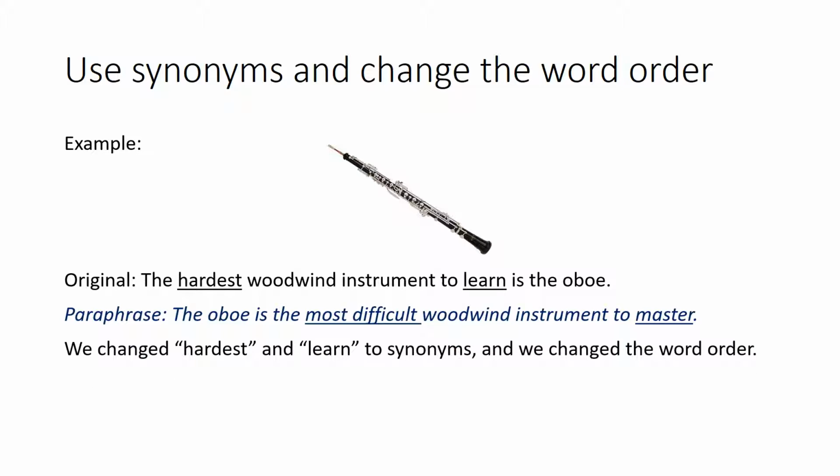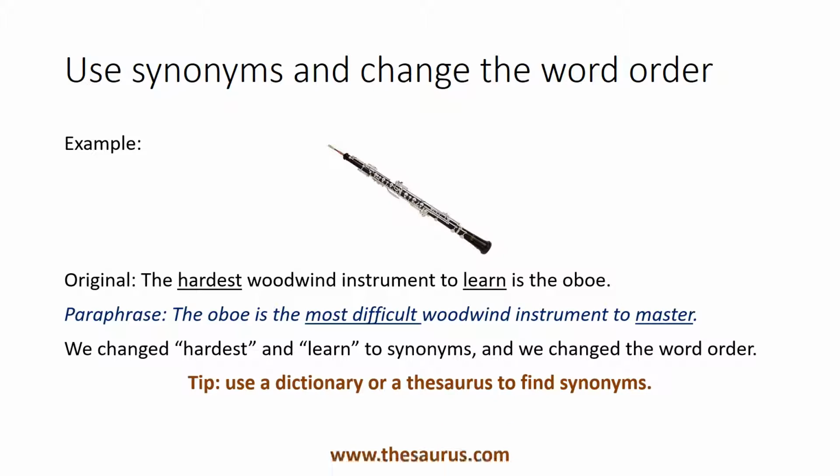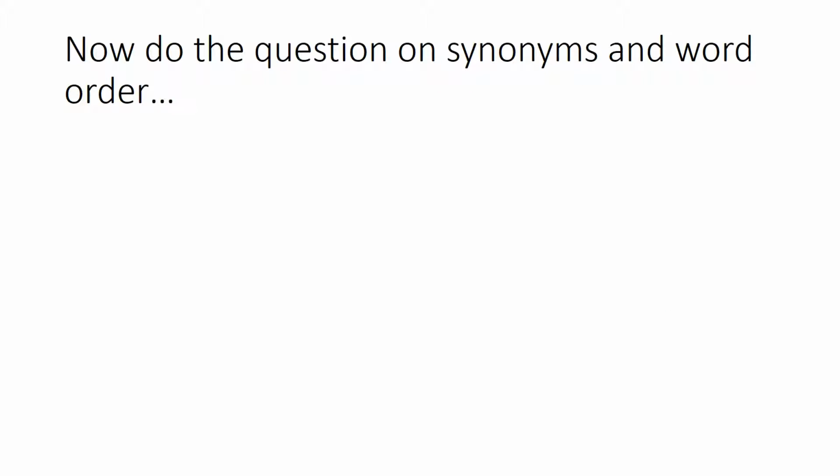Notice that we changed hardest and learn to synonyms and we changed the word order. Tip: use a dictionary or a thesaurus to find synonyms. And here's a great resource to find synonyms, thesaurus.com. Now do the question on synonyms and word order.